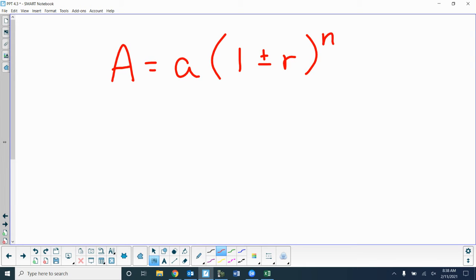Okay, so what's the capital A stand for? That answer, yeah, but total amount, right? What's the little a represent? What you started with, right? The initial amount. What's the R represent? The rate of growth or decay, right?